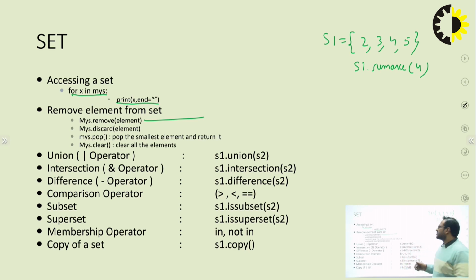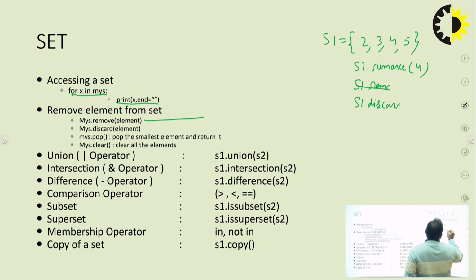Similarly, the next function is discard. You call s1.discard and pass 3. So it removes 3 from the set.